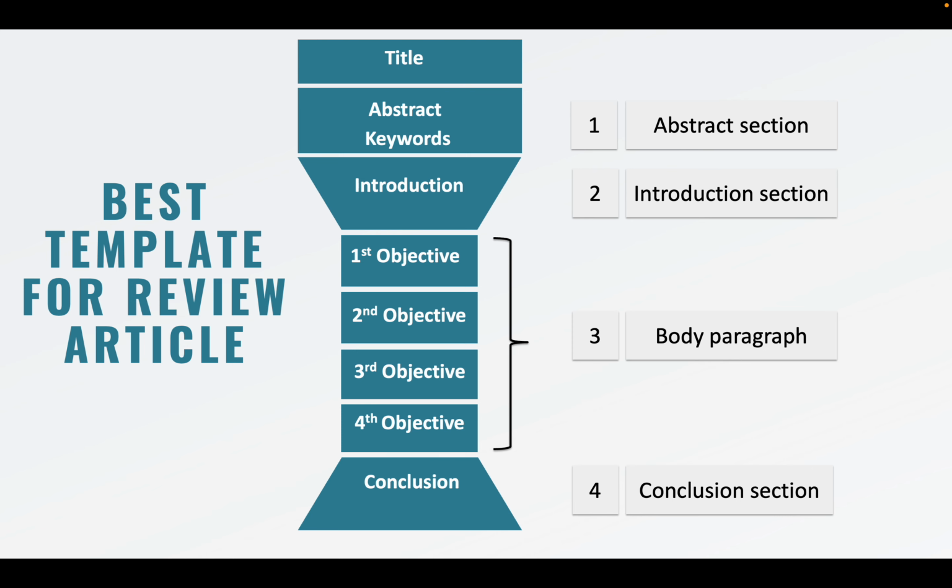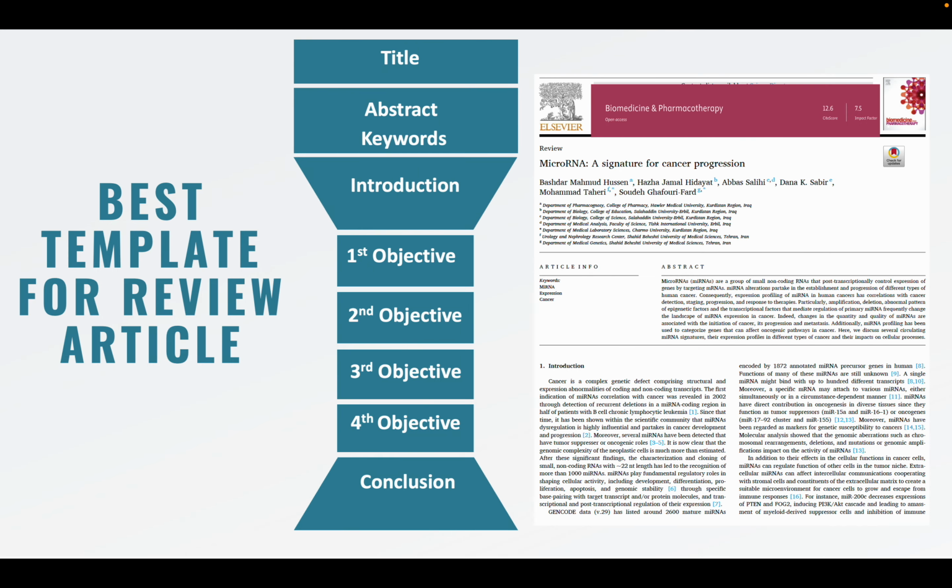You have a title or a topic, then you have to discuss this topic through several objectives or subtopics. I will show you what the body paragraph is, what we have to do, and what the key things in the body paragraph are. Now, look at this example.